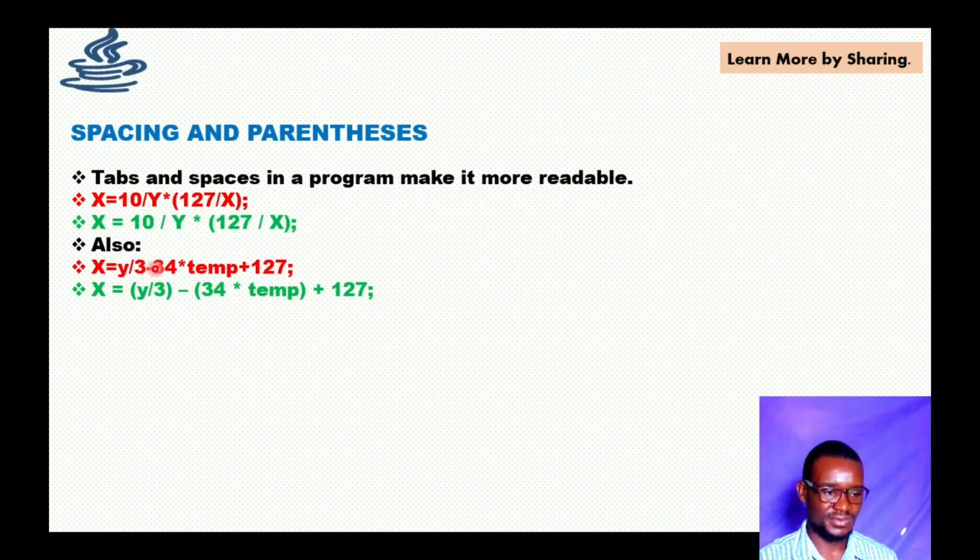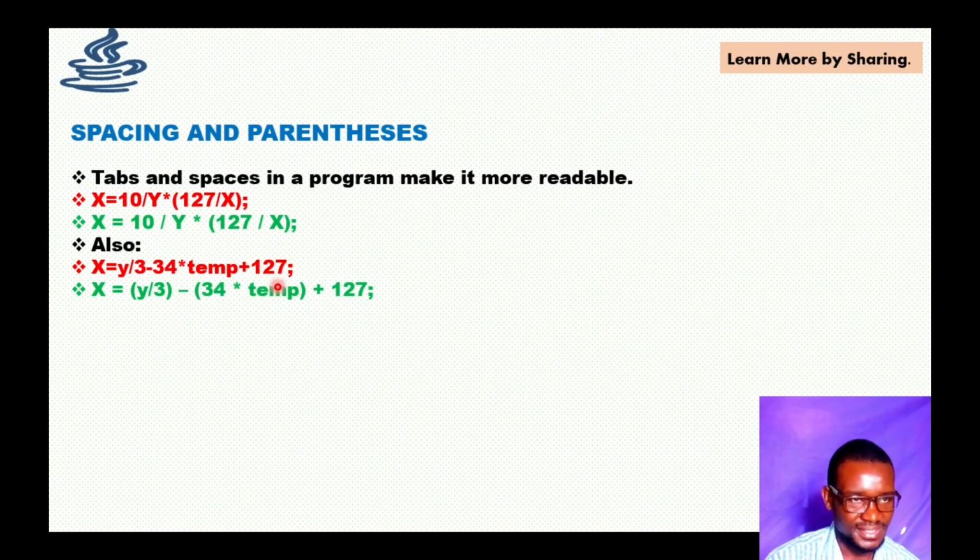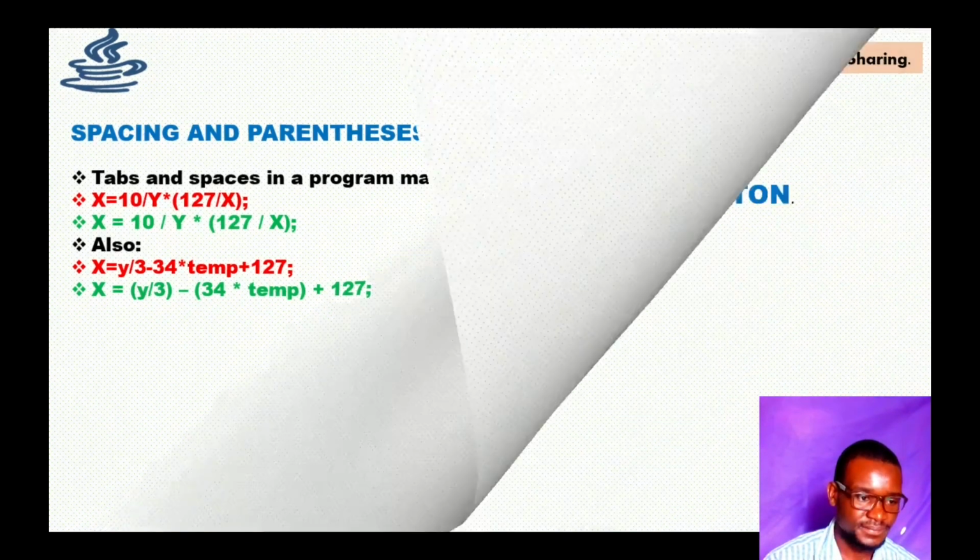Also this one, say no, and this one looks good. You can read this statement right here. So that is about spacing and parentheses, just something that you should know as a programmer.